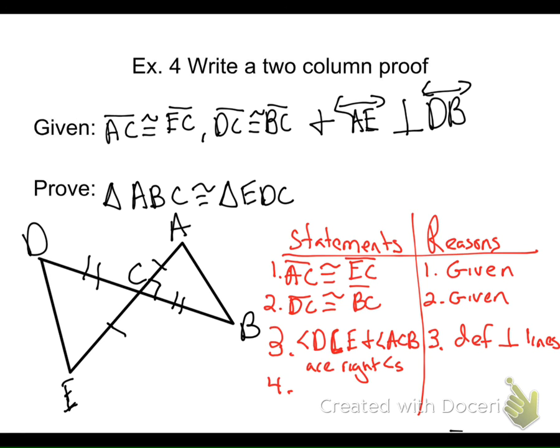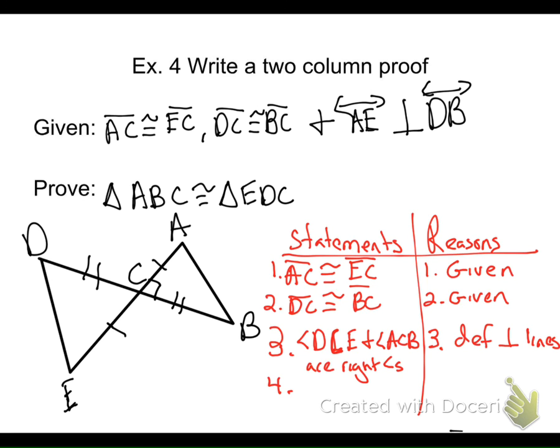I'm going to try my best to space this so that we don't run it out. Now I have to tell you something about these. We see that this side is congruent to this side, and this side is congruent to this side. But what are we missing? We're missing showing what part? That our two angles on the inside are congruent.